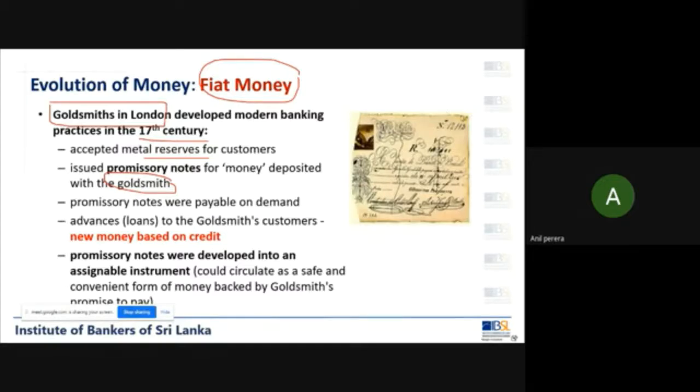What does that say? Okay, you have deposited this amount of money with us. We owe that amount, and once you return the note, we will give it back. So it's payable on demand. Not only that, you could use this note to do transactions with another person. For example, you can give this note to someone and purchase something else.